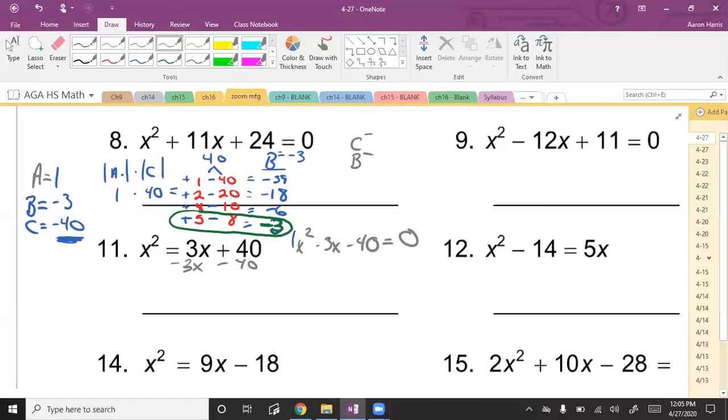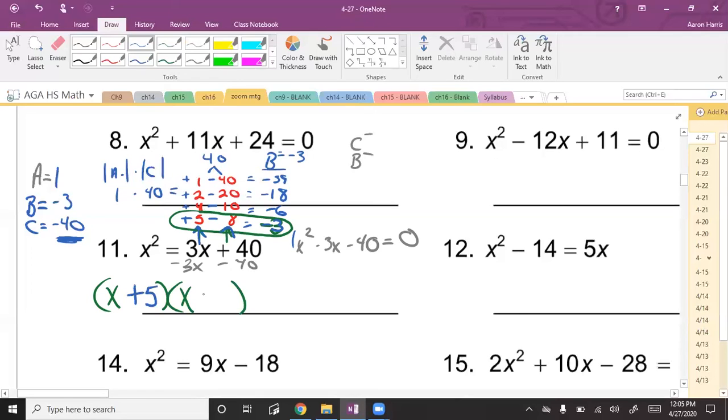So I can rewrite this now. What goes in the first term always? X, correct? And what goes into the second terms? It'll be the 5 and negative 8. So I put a plus 5 here.